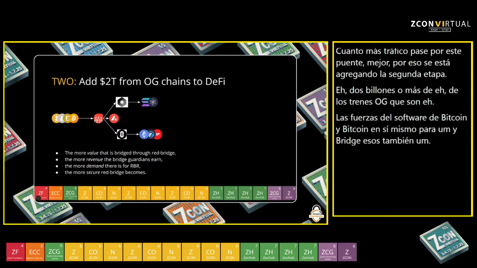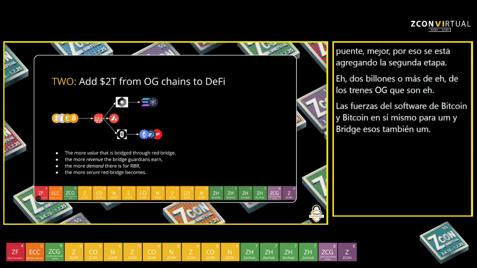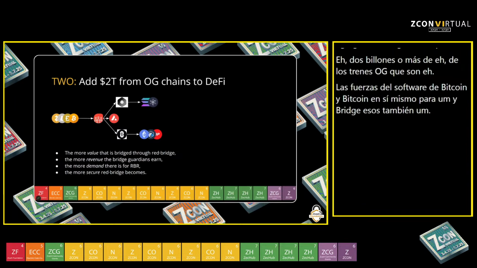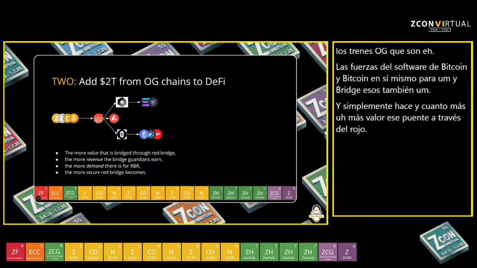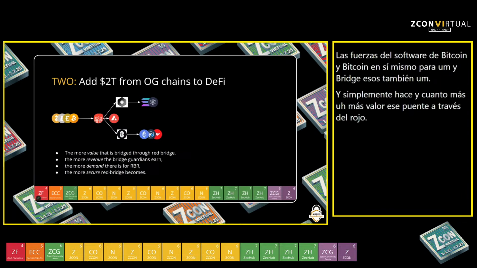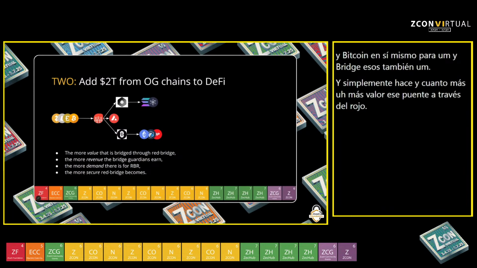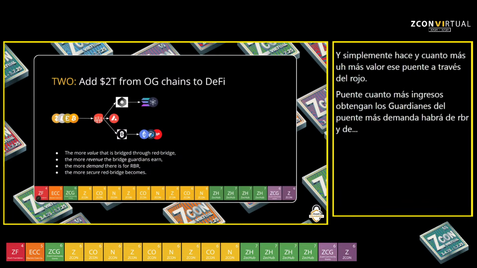And this makes the more value that's bridged through RedBridge, the more revenue the bridge guardians earn, the more demand there is for RBR, and the more secure RedBridge becomes. So it's really to everyone's advantage to ramp up.